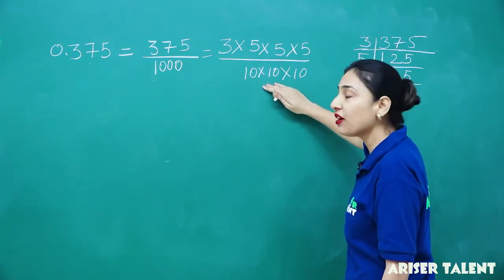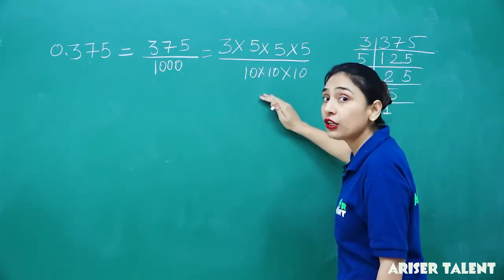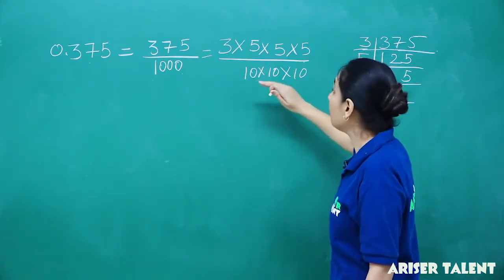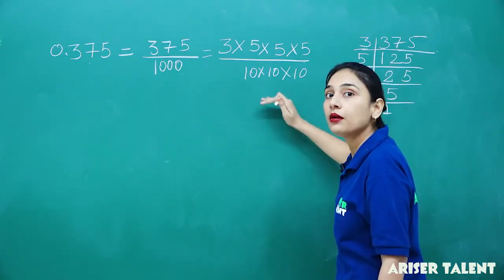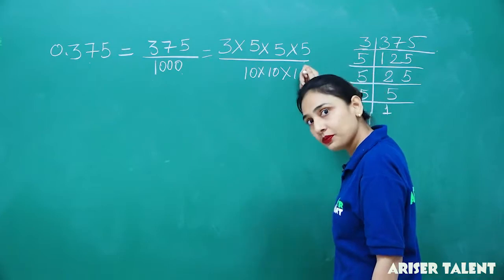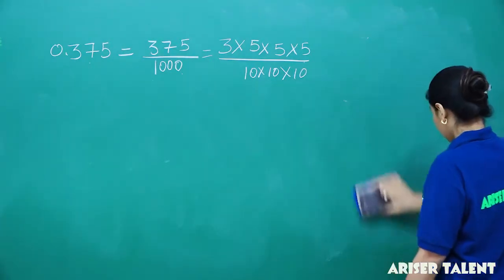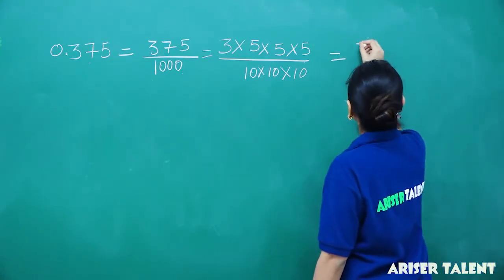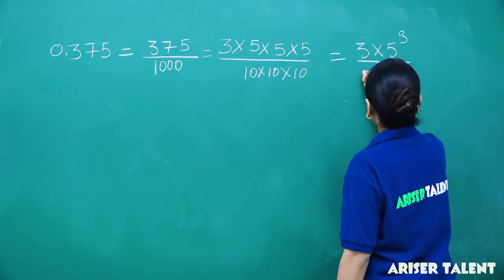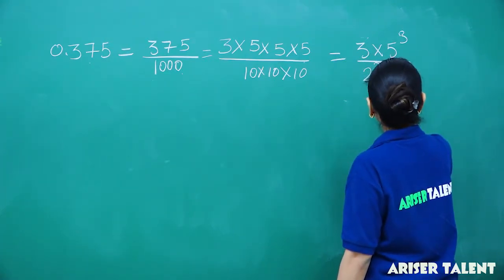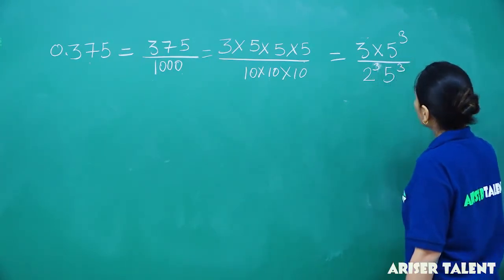So 2 multiplied by 5, 2 multiplied by 5, 2 multiplied by 5 will eventually give you 2 raised to power 3 multiplied by 5 raised to power 3. So we will directly write it as 3 multiplied by 5 raised to power 3 over 2 raised to power 3 and 5 raised to power 3.